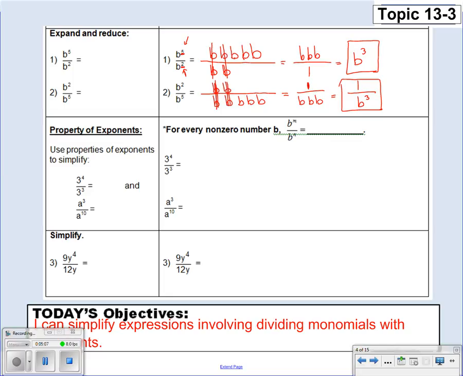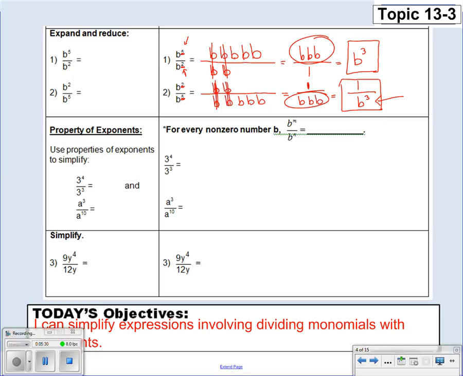So our final answer is going to end up in the numerator, or something over 1. In problem number 2, we have b squared, so the exponent is a 2, and underneath we have b to the 5th. So the 5 is bigger than the 2. That means our answer is going to be in the denominator, or our b's are going to end up in the denominator.